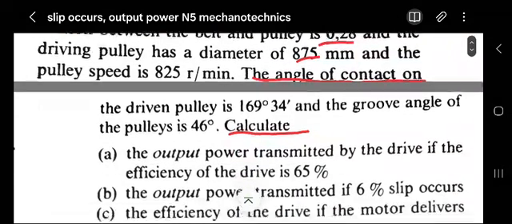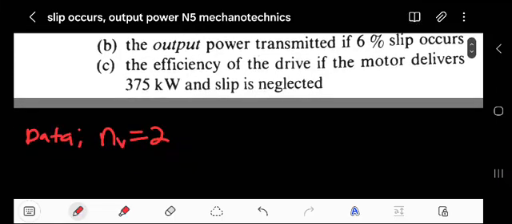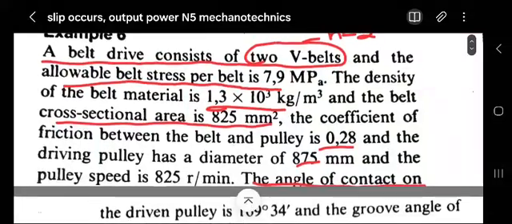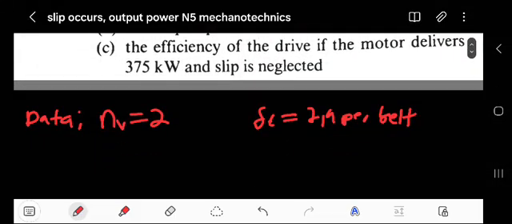Tension per belt, 7.9 per belt. That means this is the stress. It's in megapascal.